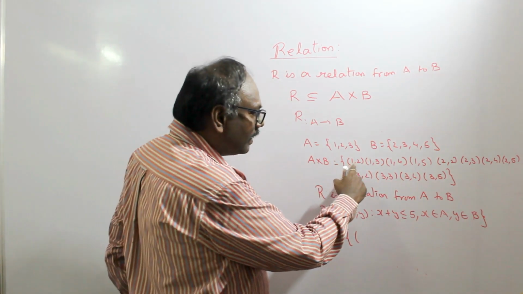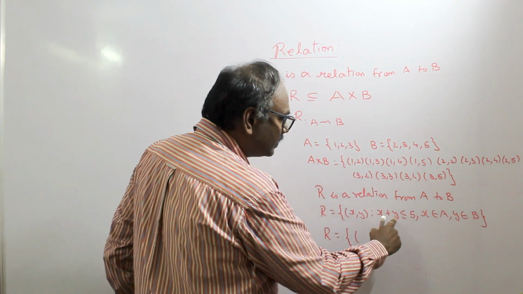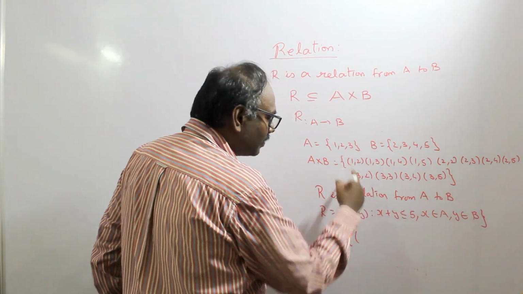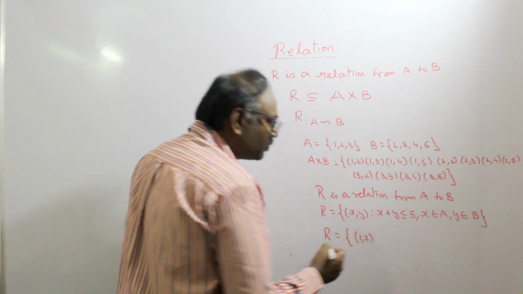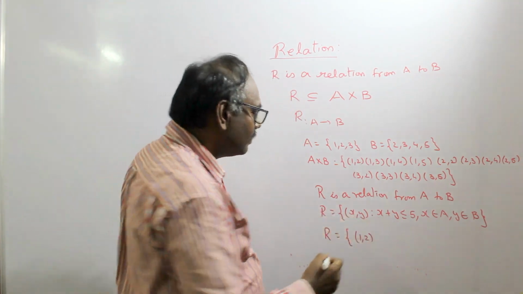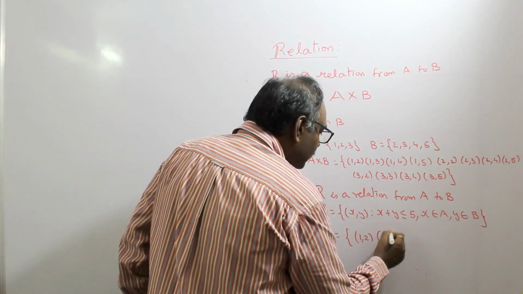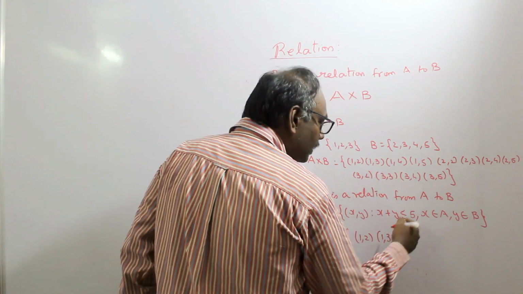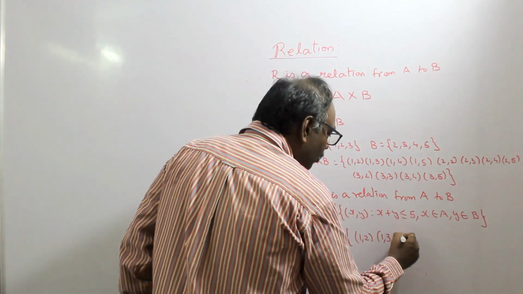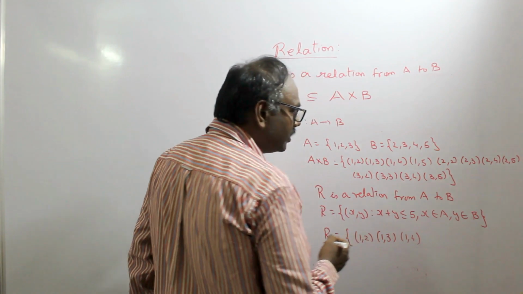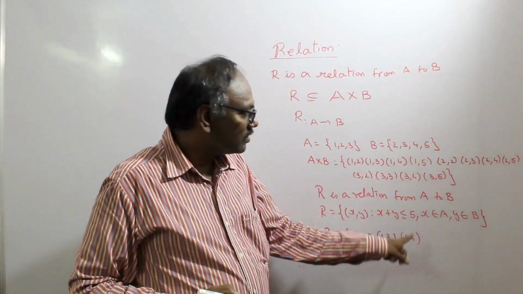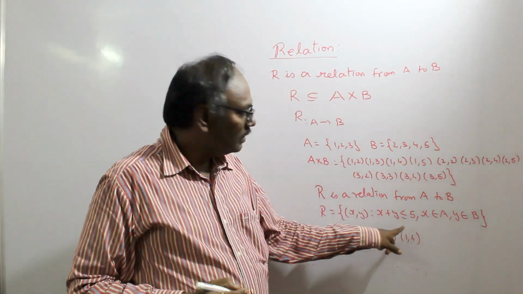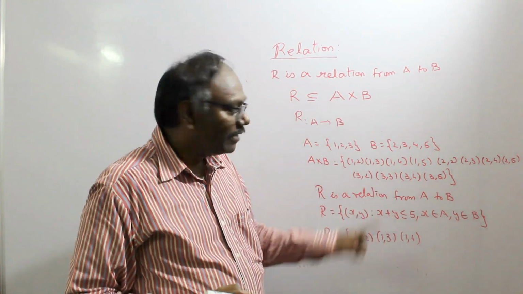So (1, 2): 1 plus 2 is 3, which is less than or equal to 5, so I can choose this ordered pair. Similarly (1, 3) also satisfies because 1 plus 3 is 4, which is less than or equal to 5. (1, 4) also satisfies the condition, and (1, 5) does not satisfy because 6 is not less than or equal to 5, it is more than 5.